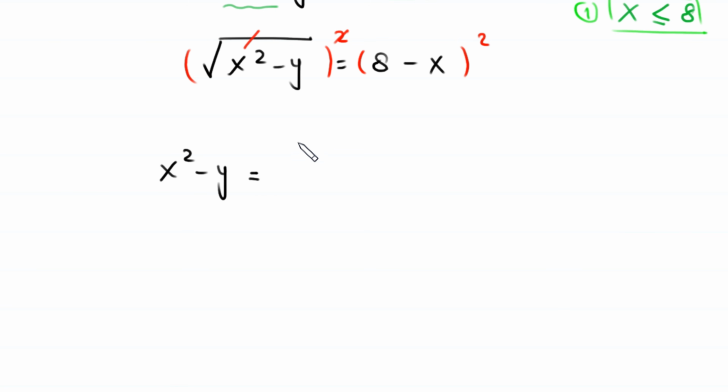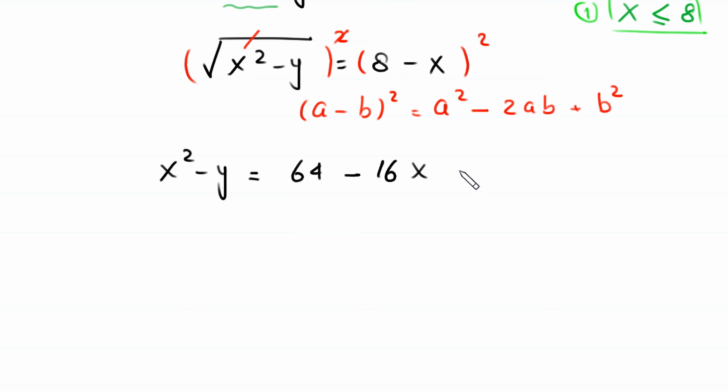By using this algebraic identity, a minus b whole squared equal to a squared minus 2ab plus b squared, this 8 minus x whole squared will become 64 minus 16 times x plus x squared.